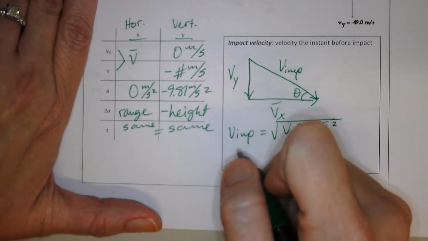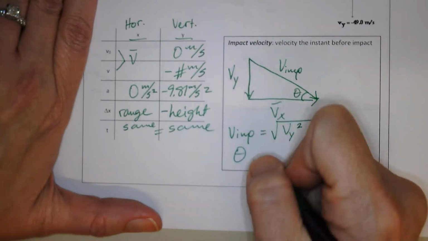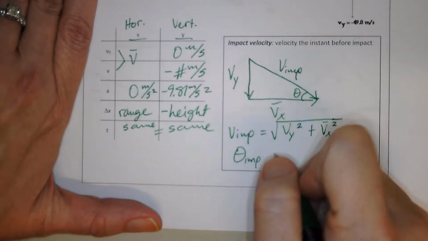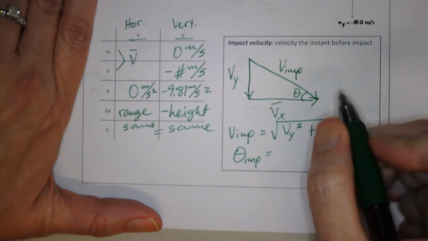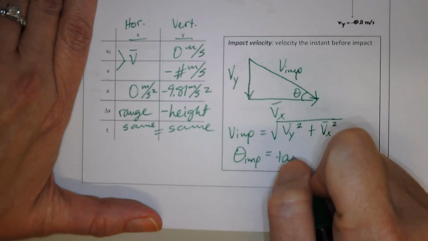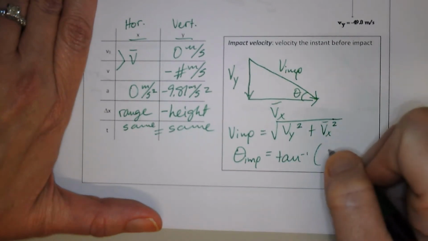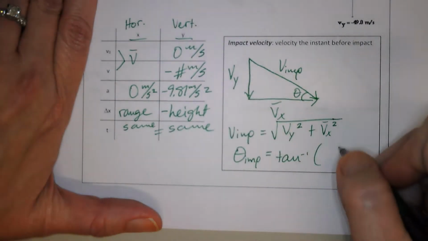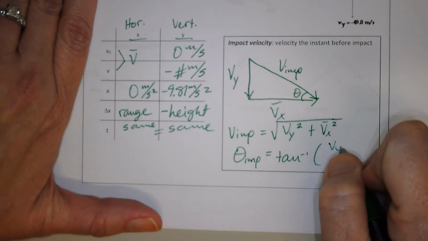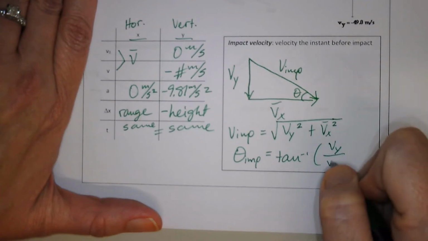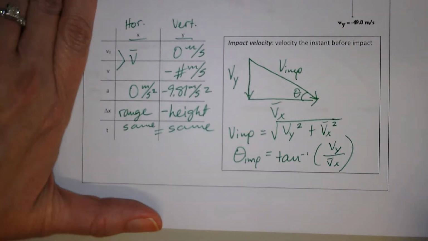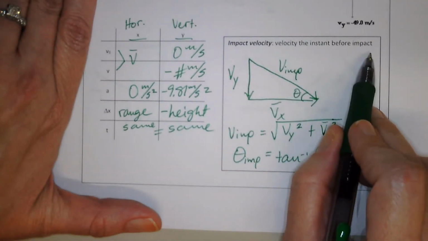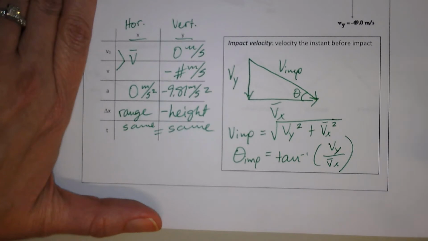So for the theta that it impacts the ground with, I do inverse tangent of opposite over adjacent. So I do TOA. My opposite is V final on the Y over your V average in the X. Whenever you report the impact velocity, that's the velocity the instant that you impact, right?